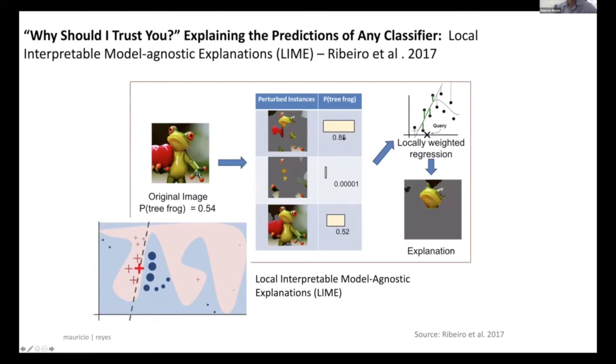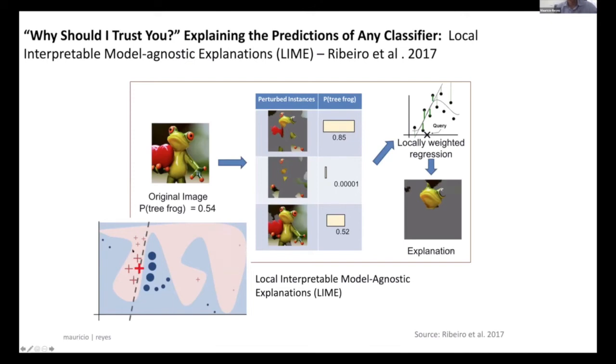So for example, here 85%, 0%, 52%. By doing these perturbations, I'm creating new samples around that original image. So I'm creating variations of the input.